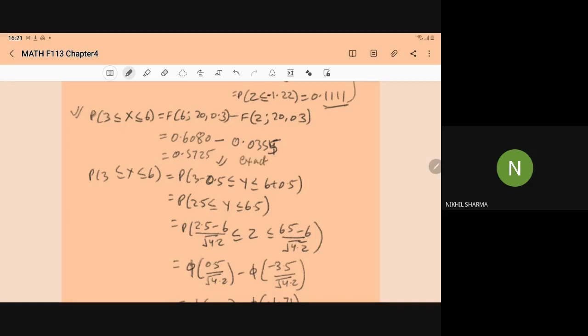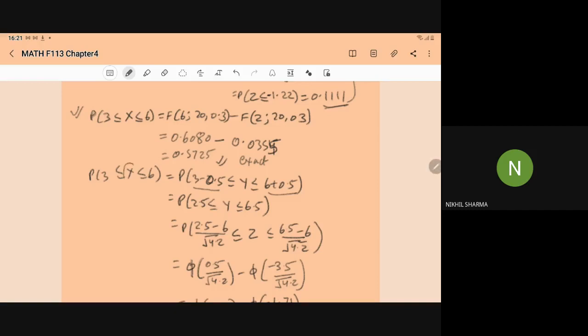Now, if you compute the same thing by the approximation, the probability that x lies between 3 to 6: on the left hand side you subtract the half unit correction, on the right hand side you add the half unit correction. So 3 minus 0.5 less than or equal to y less than or equal to 6 plus 0.5.